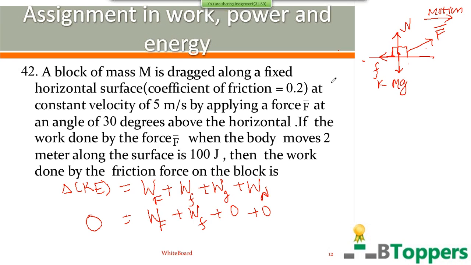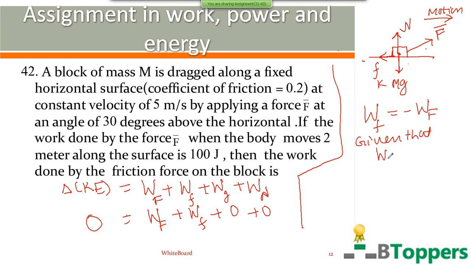W subscript small f represents work done by the force of friction on the block. Therefore, you get work done by the force of friction on the block is equal to minus of WF. So given that work done by the constant force F bar applied on the block by the external agent is 100 joules, work done by the force of friction on the block will be minus 100 joules. That's the answer. I will continue the discussion of the remaining questions in my next class.